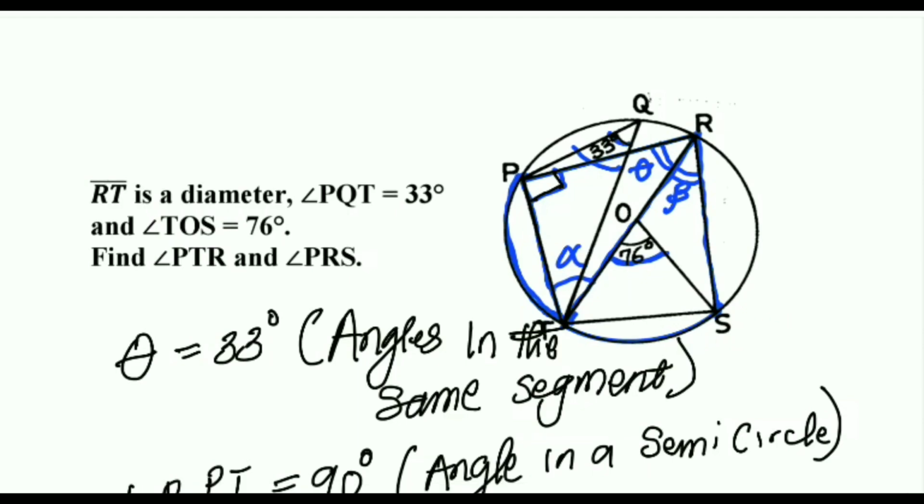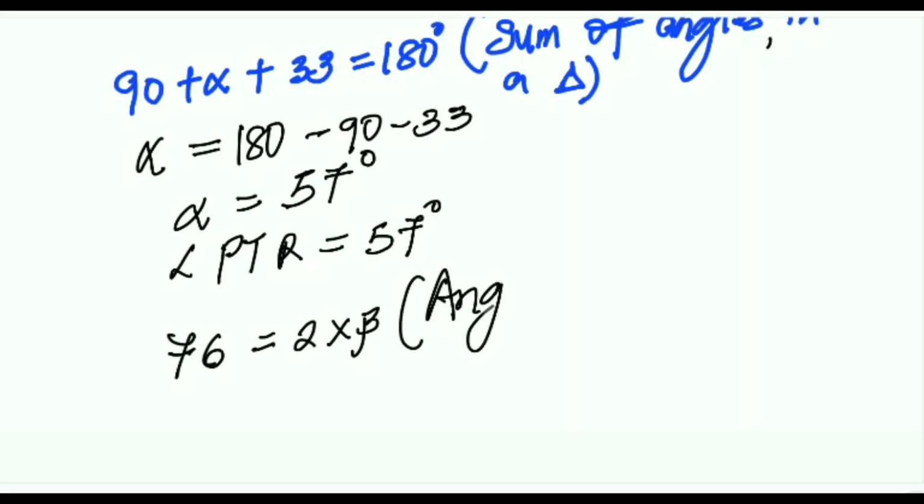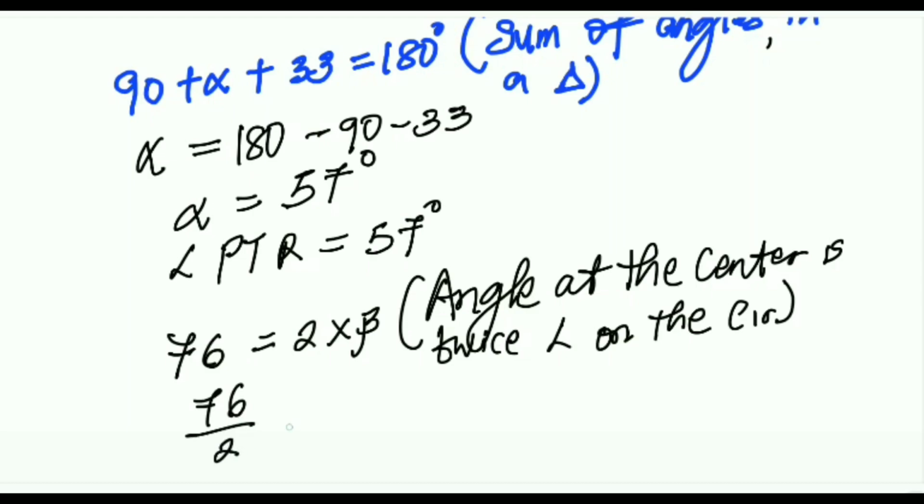So let's find beta. 76 degrees equals 2 times beta, and the reason is angle at the center is twice angle on the circumference. So 76 over 2 equals beta, and beta is 38 degrees.